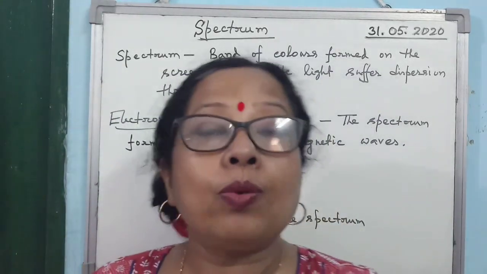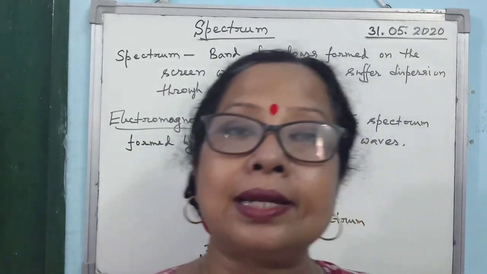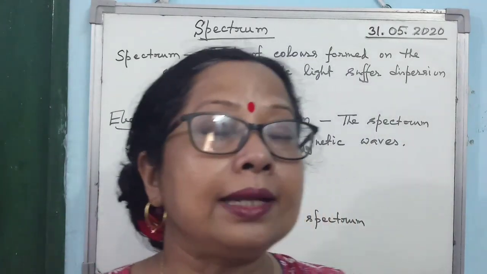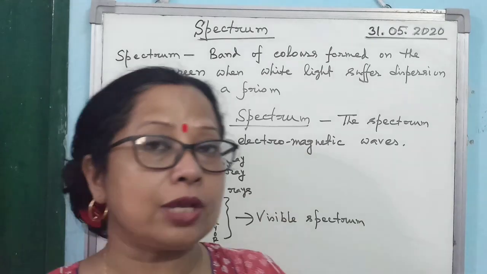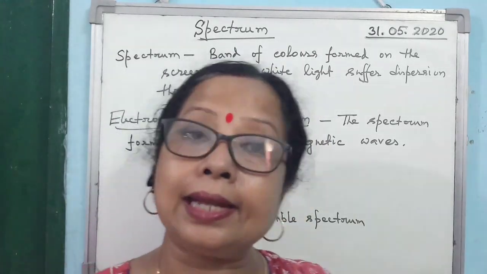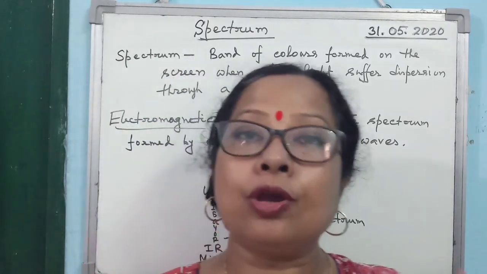Alright. Now, what is light actually? Light is nothing but an electromagnetic wave. In the wave chapter in 9th standard you already studied that there are two kinds of waves, elastic or mechanical waves, and another one is electromagnetic waves. So light is an electromagnetic wave.